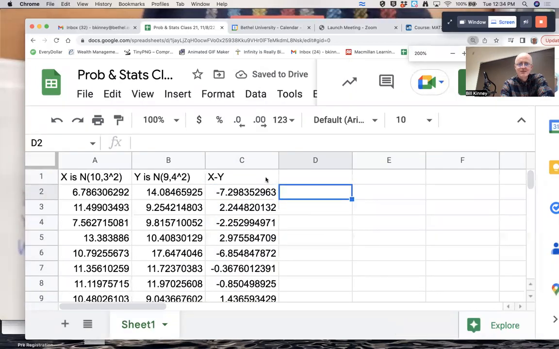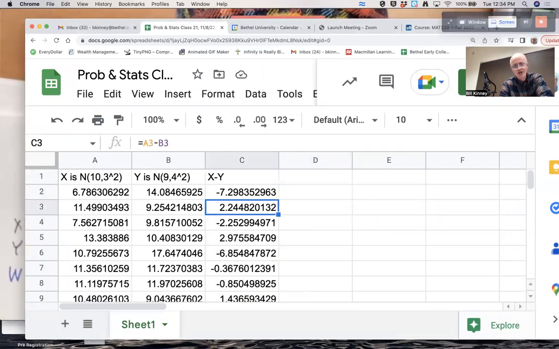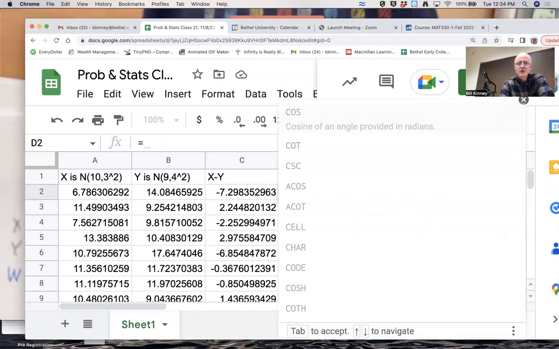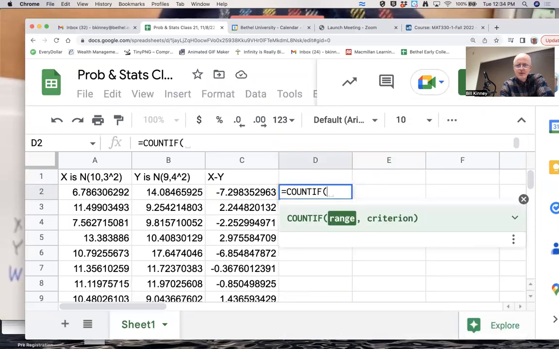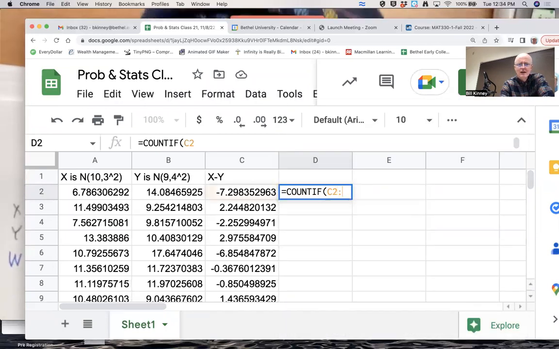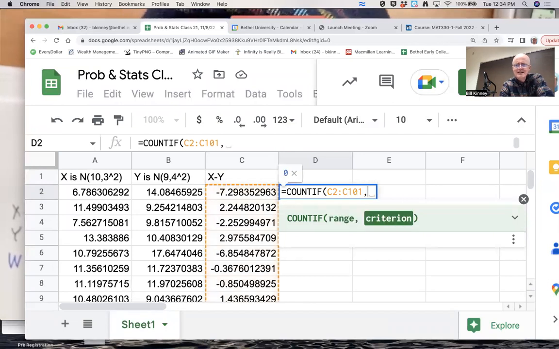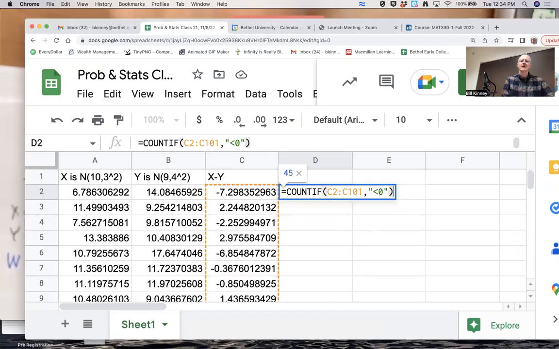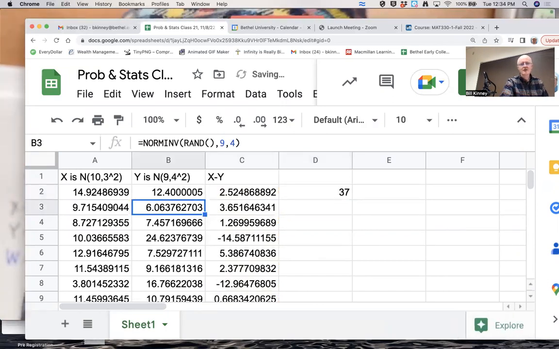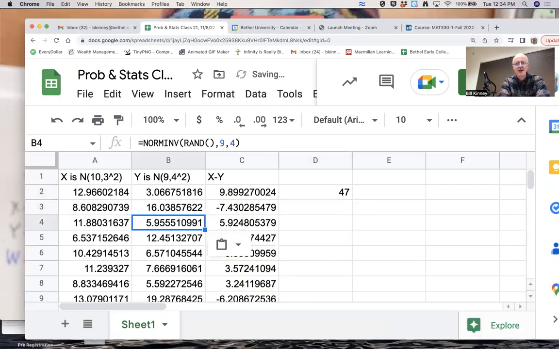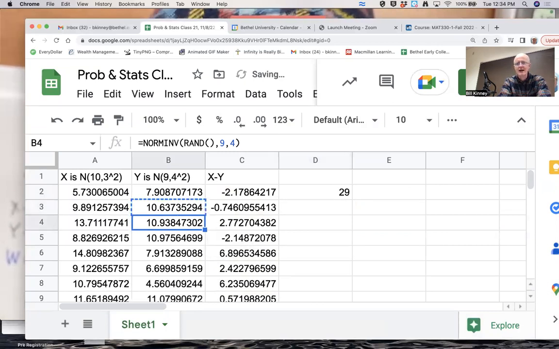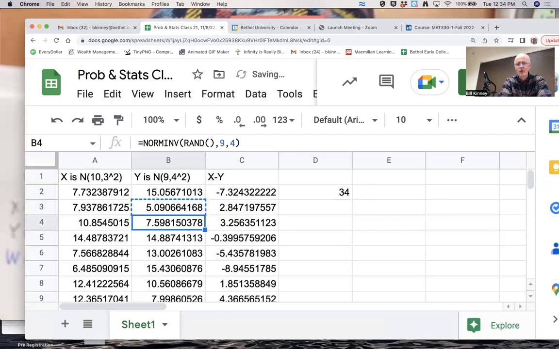Is there a way to not have to actually go through this list and count how many negative signs you see? Yeah, you can do something equals COUNTIF. Syntax here, I think, is in quotes, put a less than 0. In this particular run, you can see there's a 45, but if I enter it, it's probably going to change. 37, do a copy and paste again, change it again, 47, copy and paste again, 29, 39, 34.